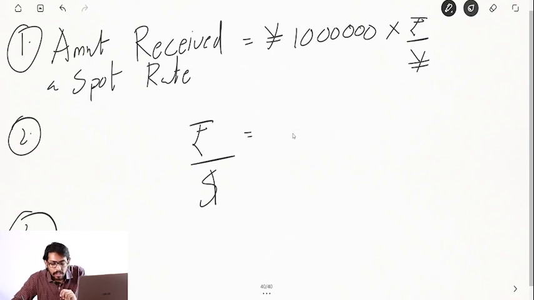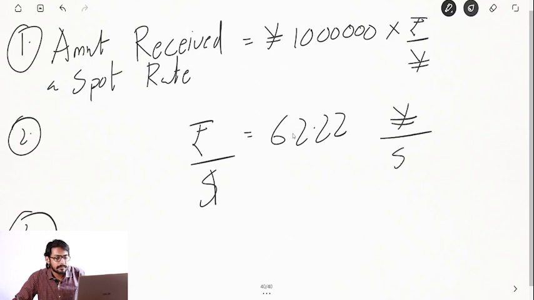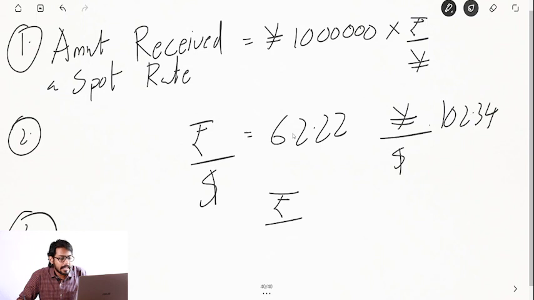It is 62.22. You will notice that the great benefit is that bid and ask is not given. They have only given one rate, 62.22, so that much headache is avoided. Rupee by dollar 62.22, and yen by dollar is 102.34. So in that case, you will get rupee by yen.